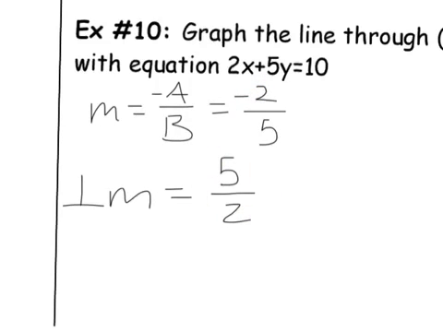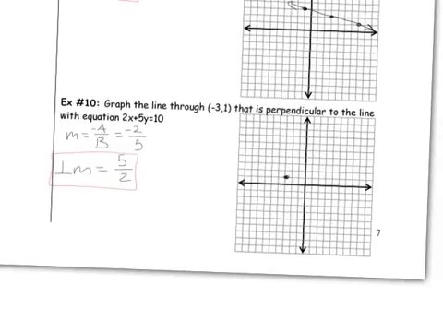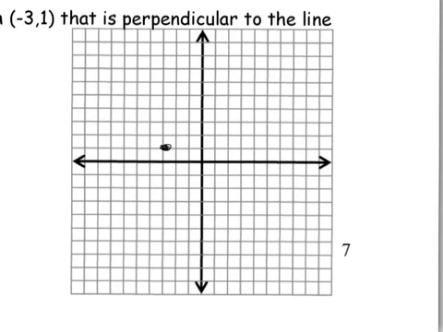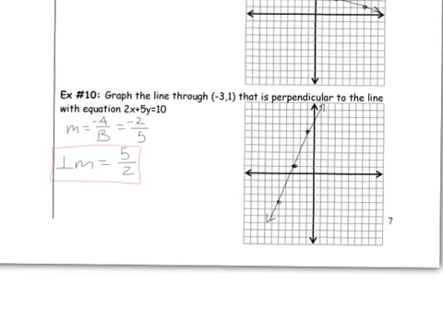So this is the slope I'm using for my graph. So let's take a look. 5 over 2. There's my point. I go up 5 over 2. That also means that I could go down 5, back 2. It's the same way. And bam. There we go.